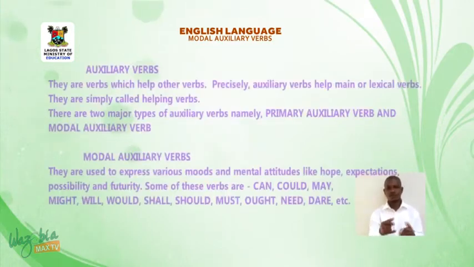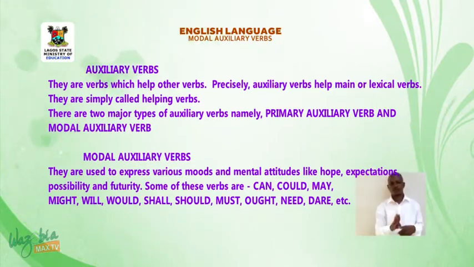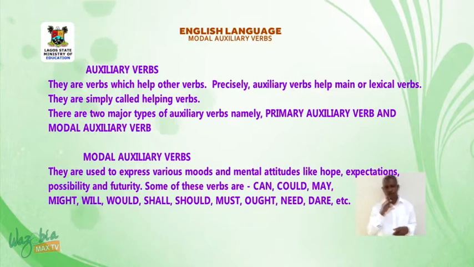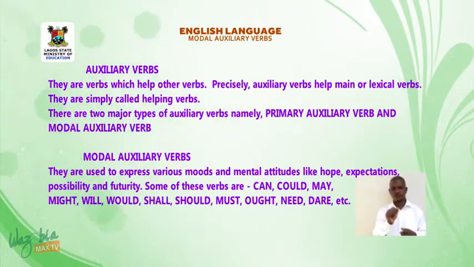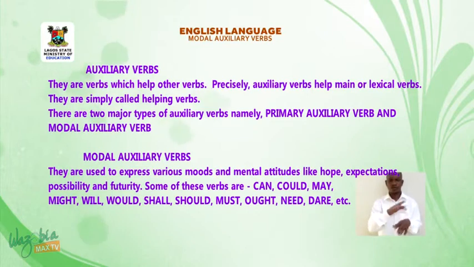Now, let us go for the definition of auxiliary verbs. They are verbs which help other verbs. Precisely, auxiliary verbs help main or lexical verbs. They are simply called helping verbs.